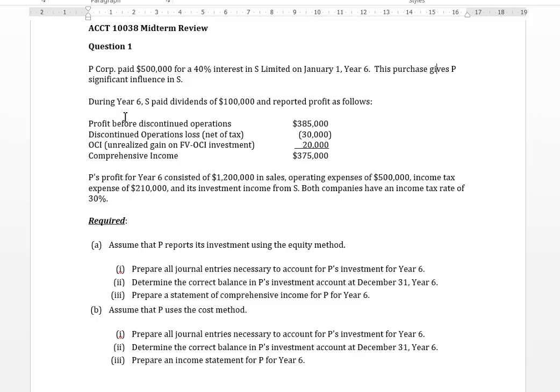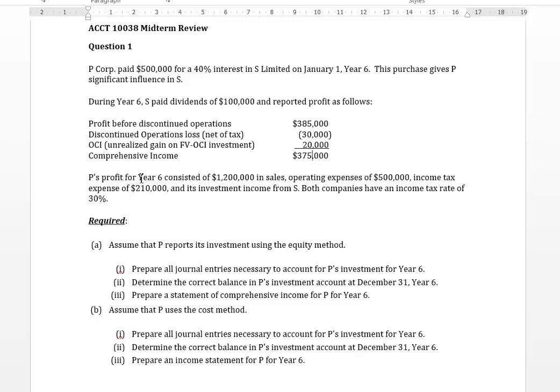You'll also notice that if we look at the investee, S's year 6 statements, subsequent to the date they became related to P, we have profit before discontinued operations, but we've also added a couple of items from your prerequisite course relating to discontinued operations and some OCI in order to give us comprehensive income.